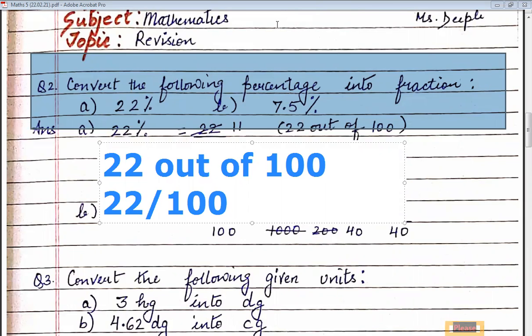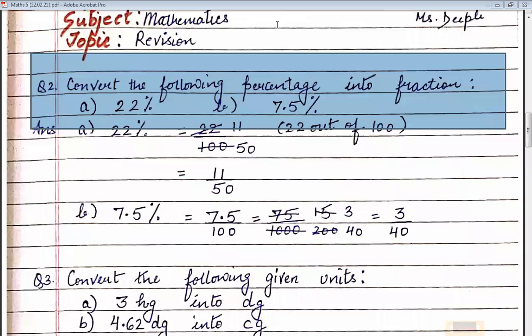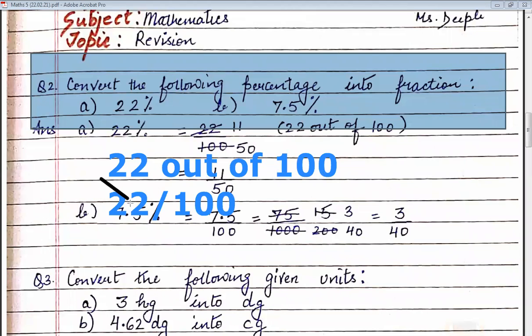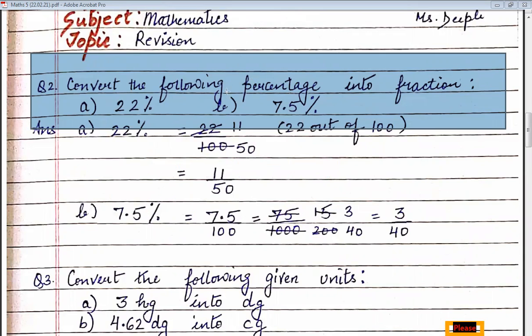Now children, you just have to cancel them to the lowest form. 11 twos are 22, and 11 times 50 is 550, so you will get 11 upon 50. So this is your answer.